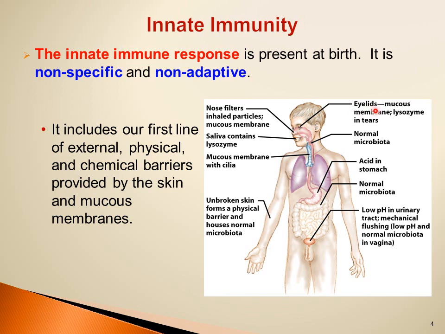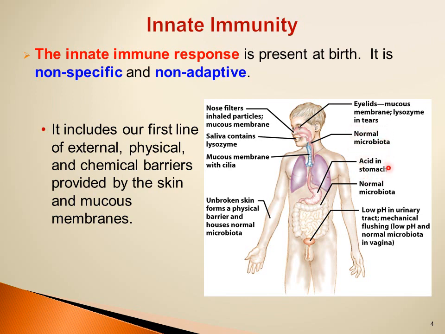The eyelids have a mucous membrane that acts as a physical barrier, and also lysozyme is present in tears. The throat contains normal microbiota that compete with the pathogenic bacteria for the place.